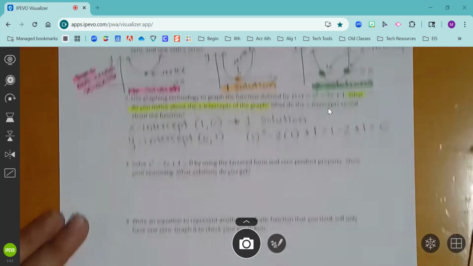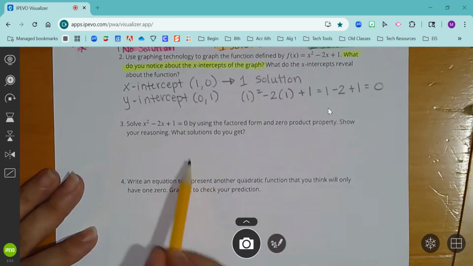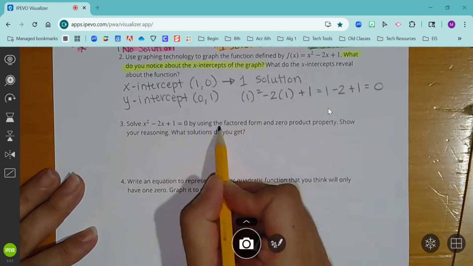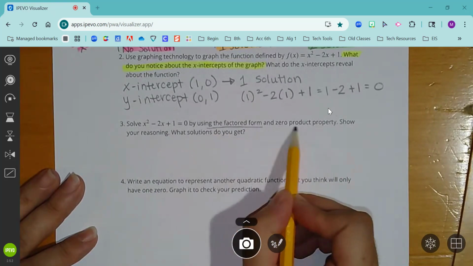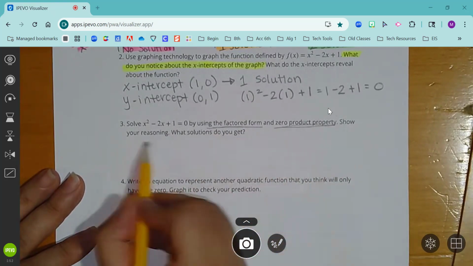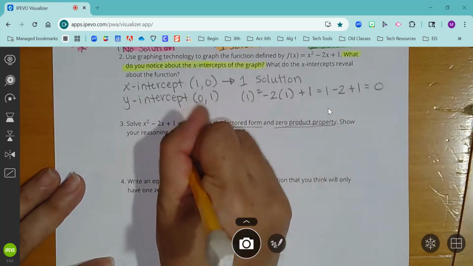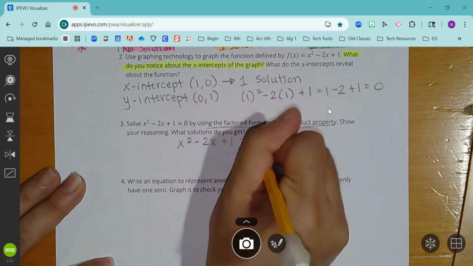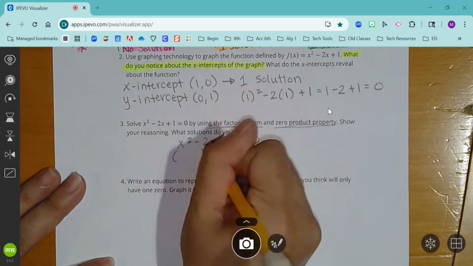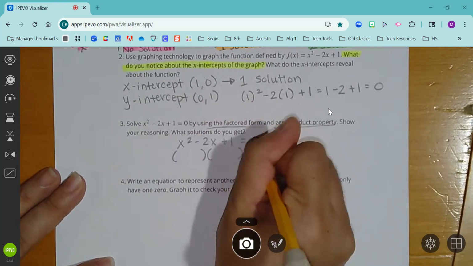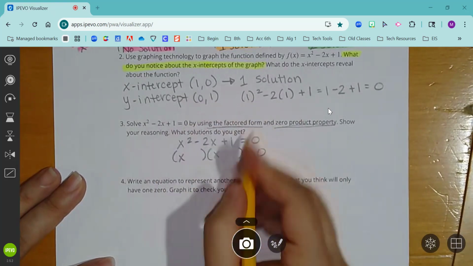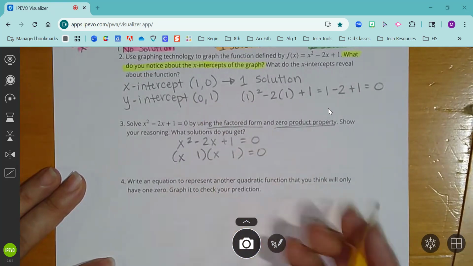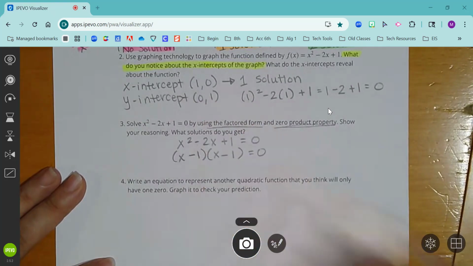Solve x squared minus 2x plus 1 equals 0 by using factored form and the zero product property. Show your reasoning. What solutions do you get? So we're going to do x squared minus 2x plus 1 equals 0. I'm going to factor it. So that's an x and an x. What multiplies to 1? That's 1 and 1, but I need a minus 2, so both of them are a minus.